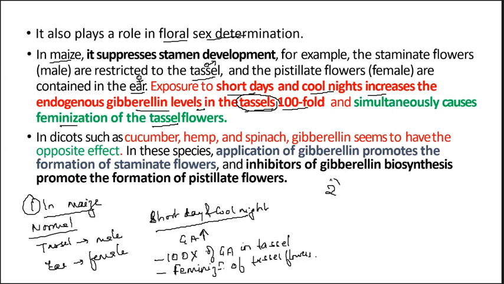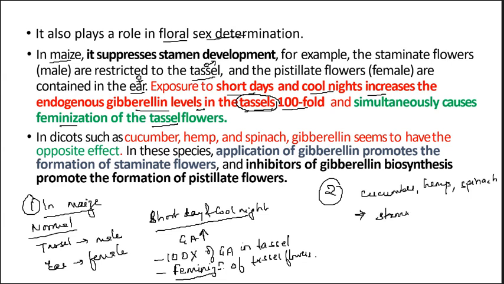In the second example, say cucumber, hemp, spinach, etc., they show the opposite effect. Here they are forming feminization of the flowers in one case, and here they show the formation of male flowers.